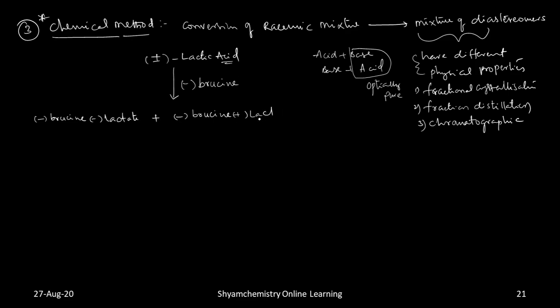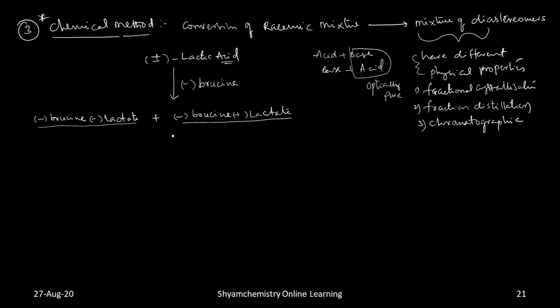Lactic acid is converted into lactate. These two are now diastereomers, a diastereomeric mixture. This plus is not dextro; if it were, it would be indicated in brackets.